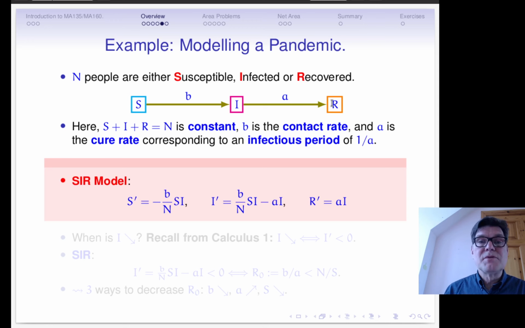For example, if we start at the end here, the rate of change in the group of the recovered people, the rate at which the number of recovered people increases, can be described as being proportional to the current number of infected people. If A is the cure rate, the rate at which infected people recover, then it makes sense to say that the rate at which R increases is A times the current size of I.